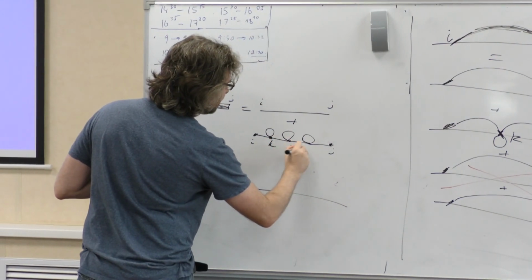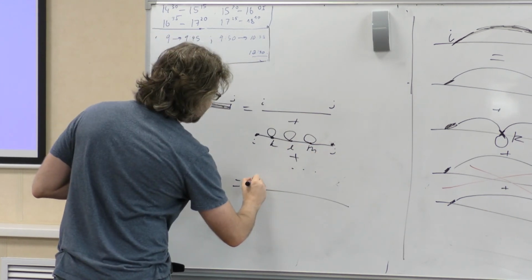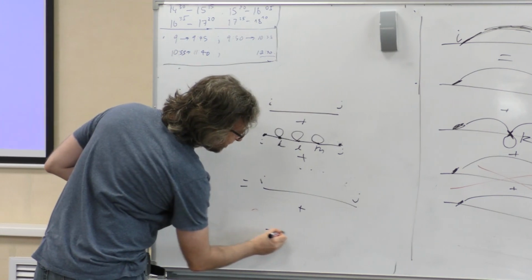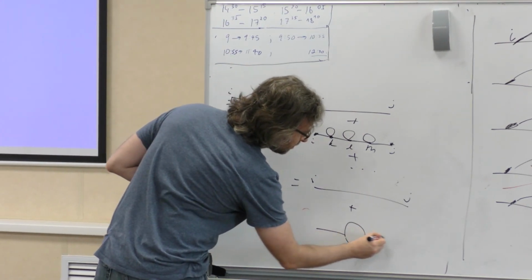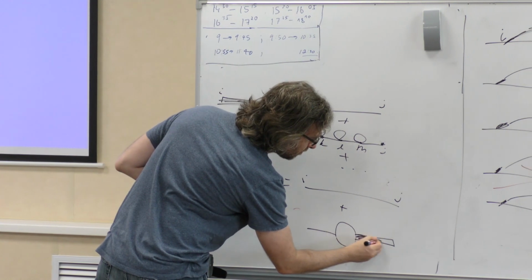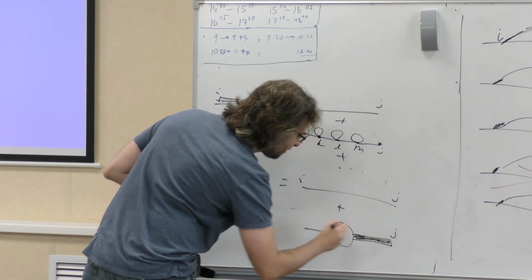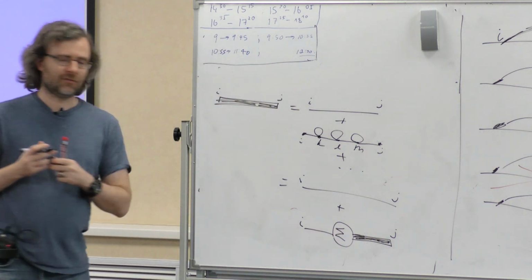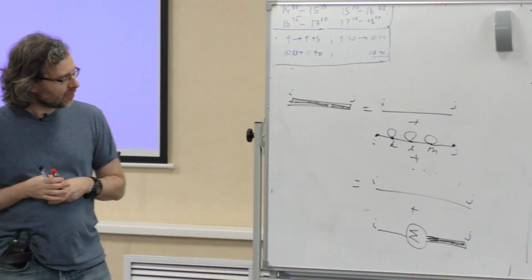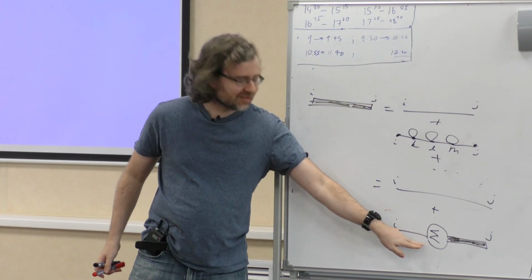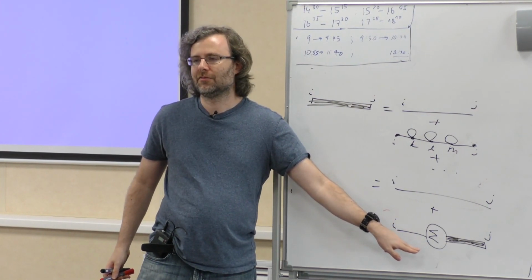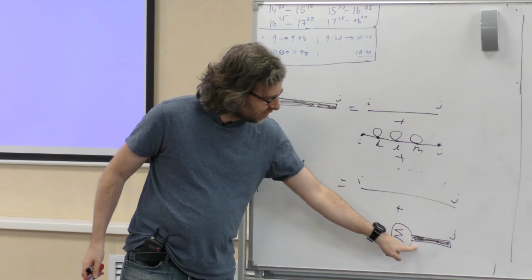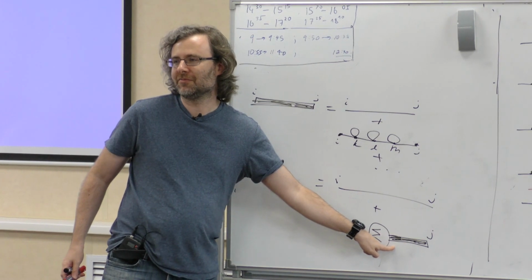And each one of these, by the way, has some index, right? So I'm going to write something like this. Okay. So this circle over here is the self-energy. And this actually is an integral equation.